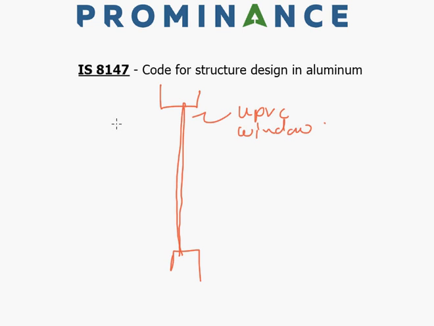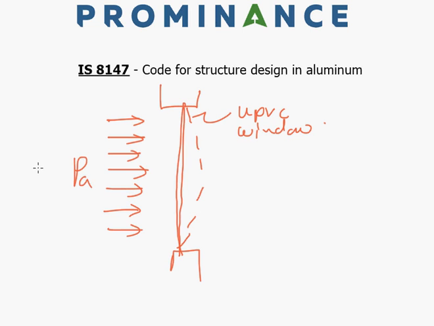If this is the direction of a wind load acting on this window, then this window will deflect in this manner because of this wind pressure, let's say W in pascals. W is my wind load, which is mentioned in pascals. So this wind load is acting on this window frame, so this will deflect this much in mm, and this deflection needs to be limited.